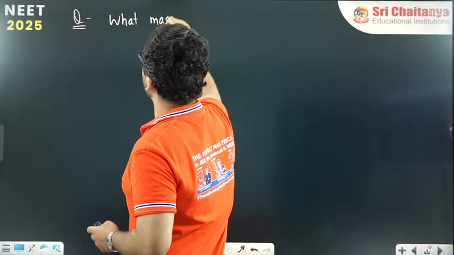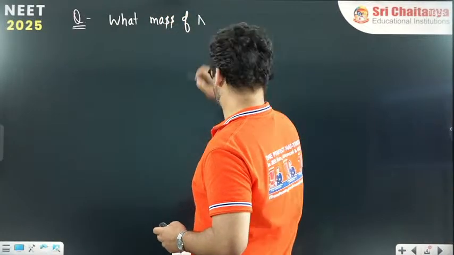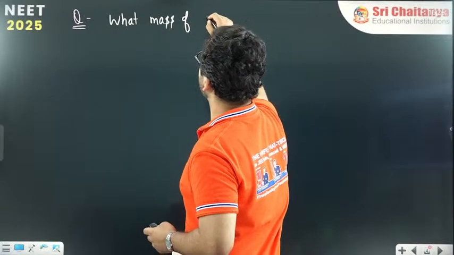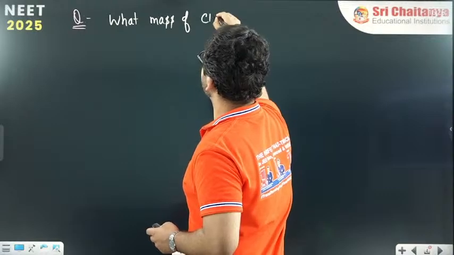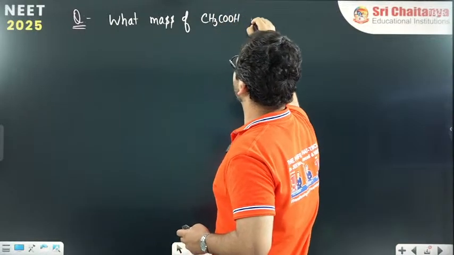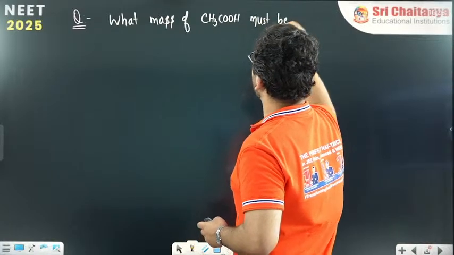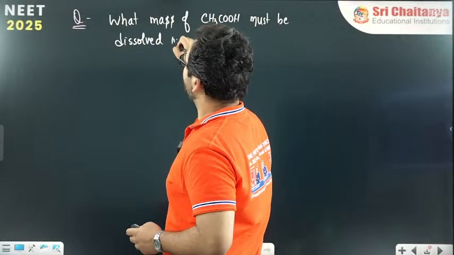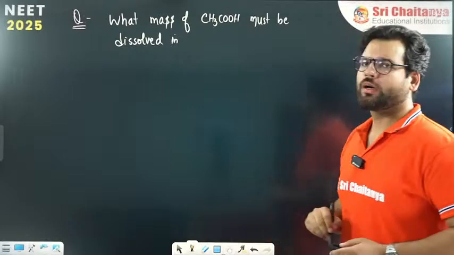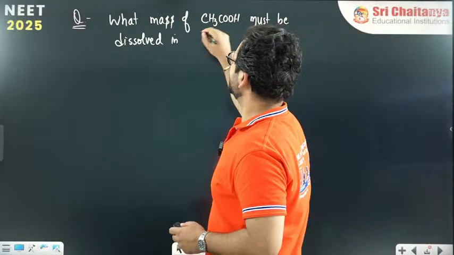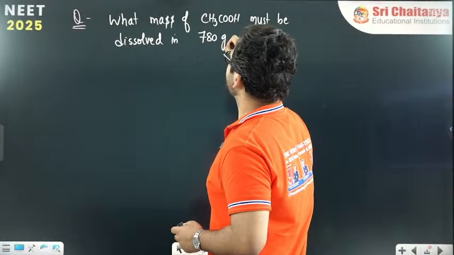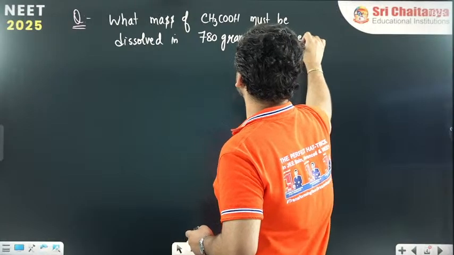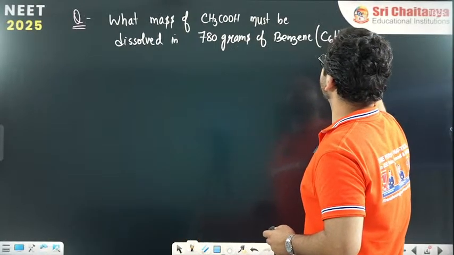What mass of CH3COOH must be dissolved in 780 grams of benzene? Benzene is another solvent, C6H6 is the formula.